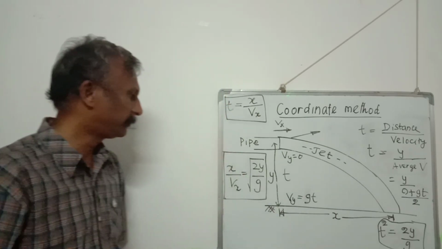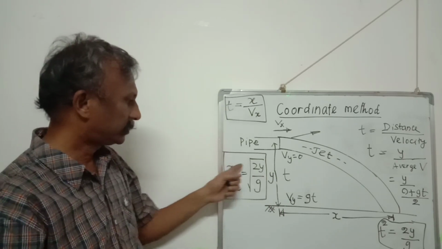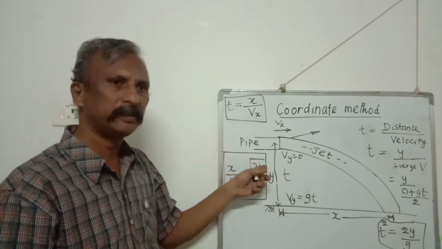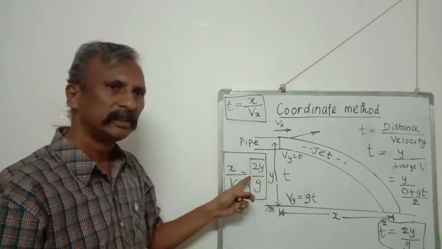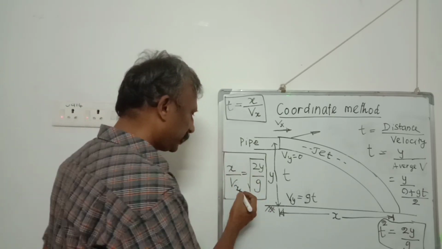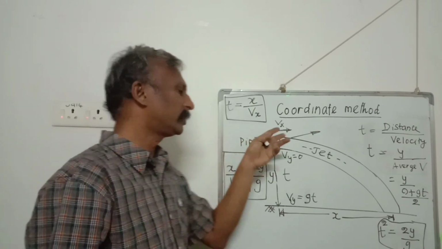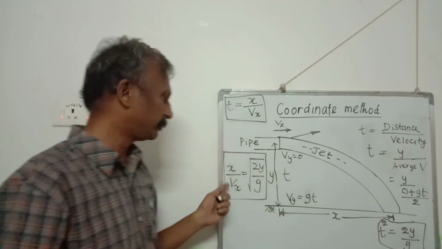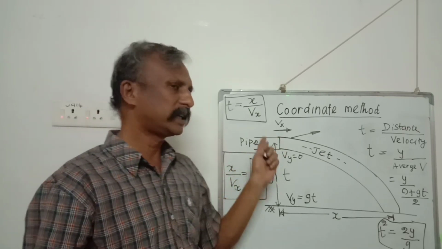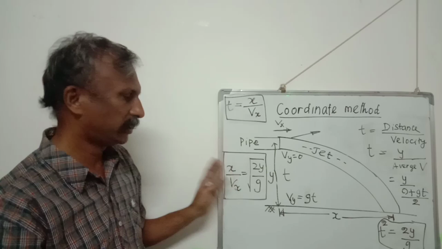You can see from this equation that x and y are measurable in the field. g is the acceleration due to gravity, which is constant, and Vx alone is unknown. So once you find the velocity Vx from this equation, you can measure the cross-sectional area of flow and find out the discharge rate.